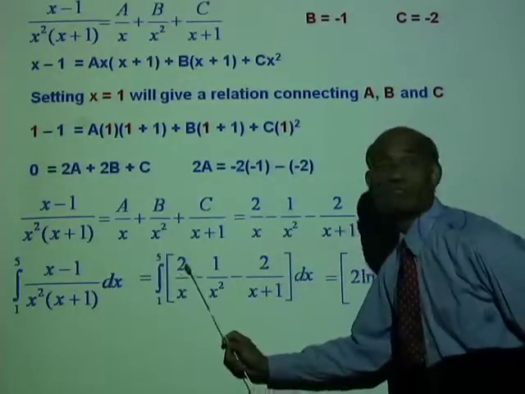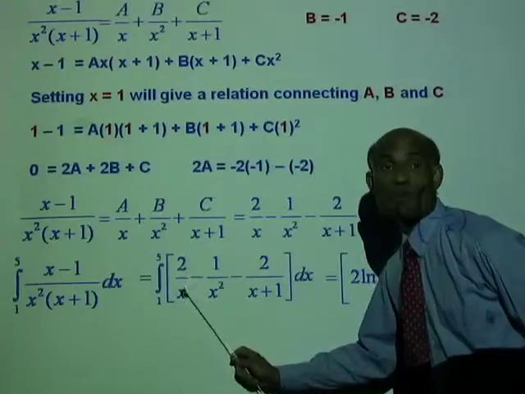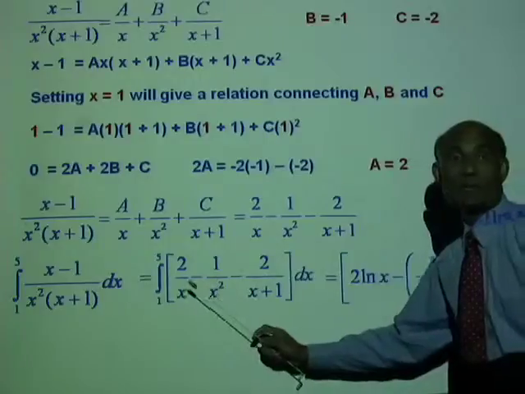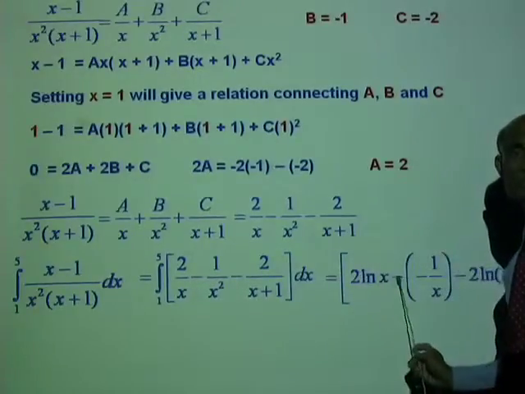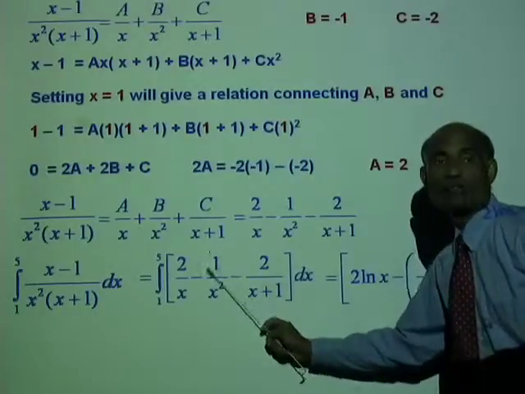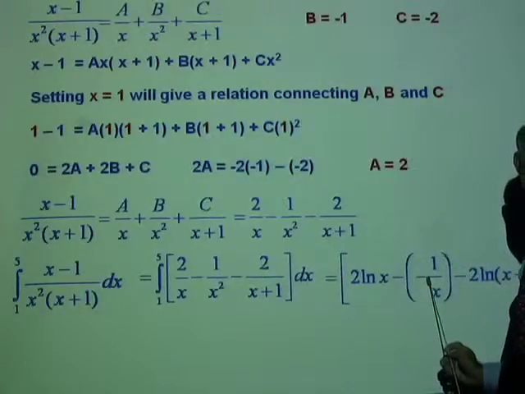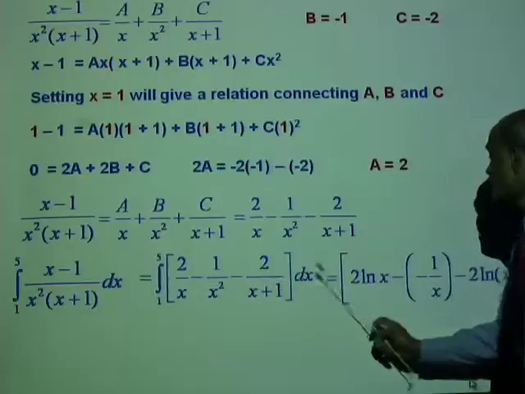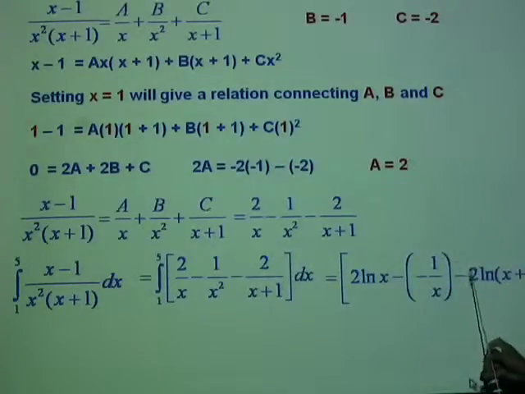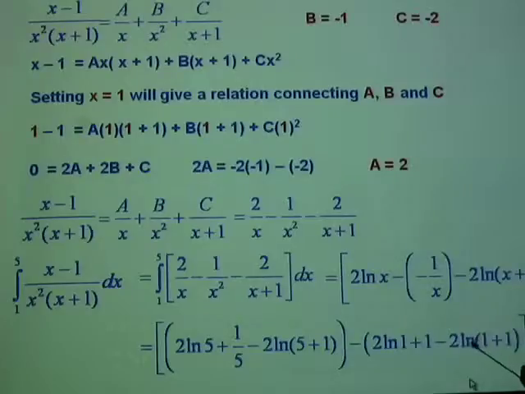The integral of 2 over x will be 2 ln x, and minus, I have used two negatives there, minus integral 1 over x squared is -1 over x, and minus 2 times the integral of 1 over x plus 1 is 2 ln of x plus 1, and the limit is from 1 to 5.